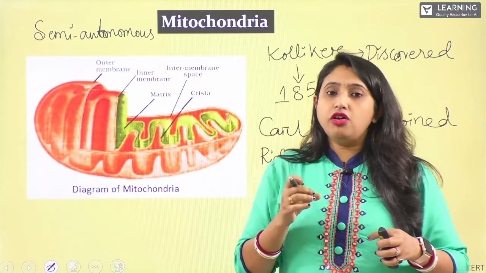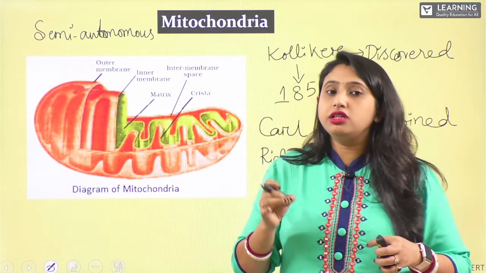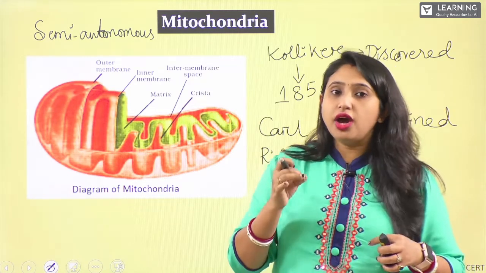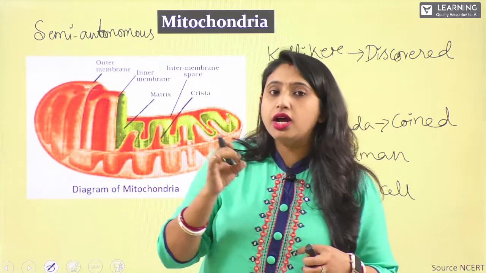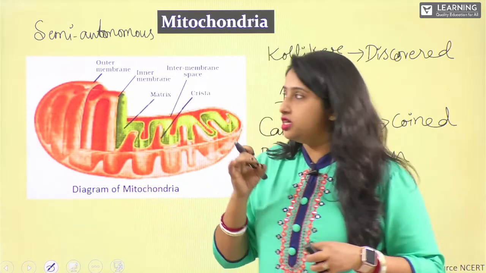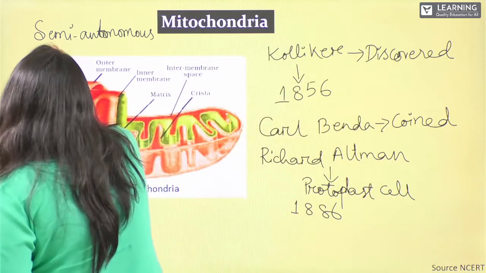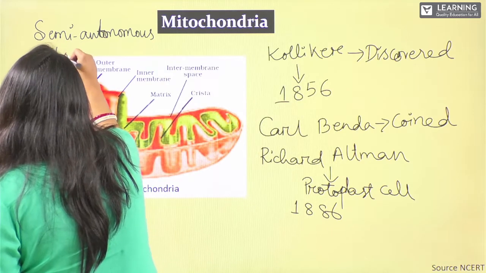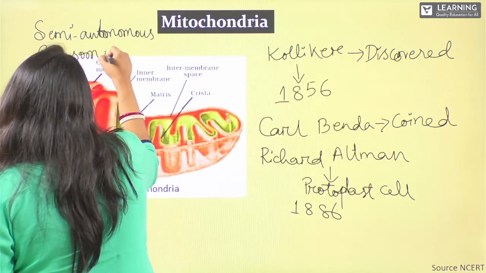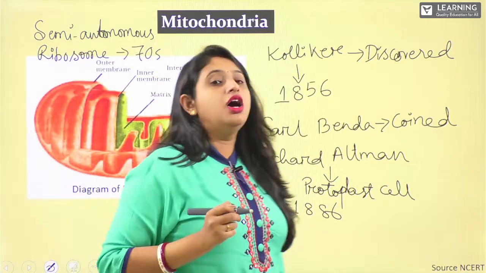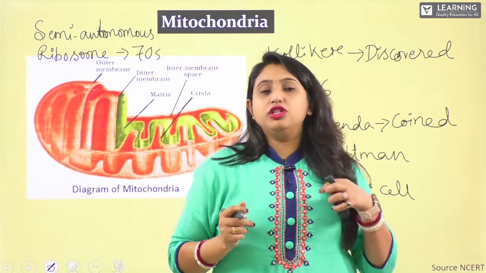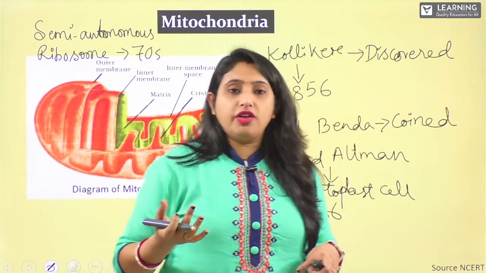Previously, mitochondria and plastid were prokaryotic cells. That's why the ribosomes in mitochondria and plastid are 70S, because they were previously prokaryotic cells.